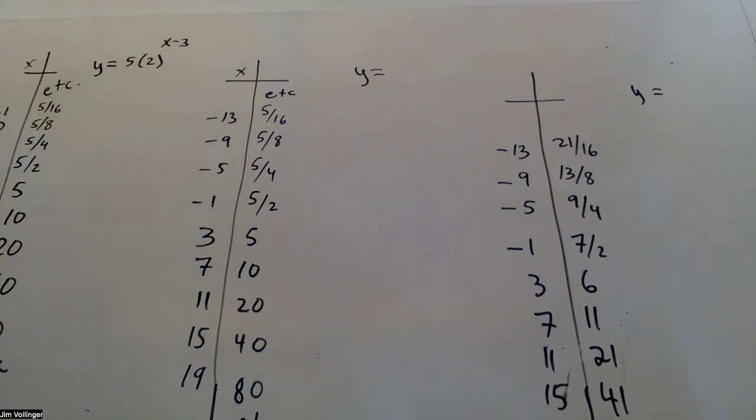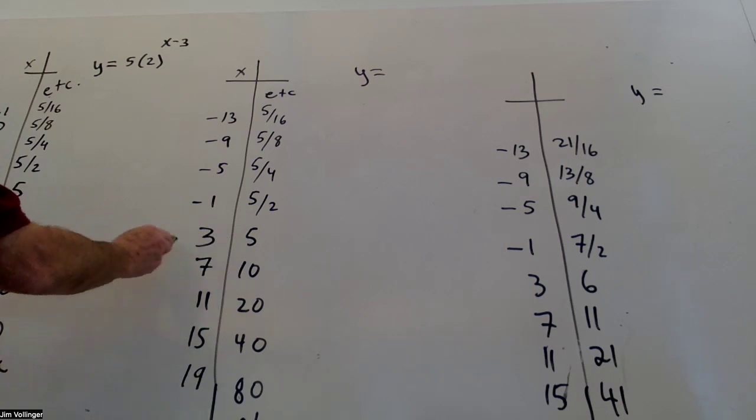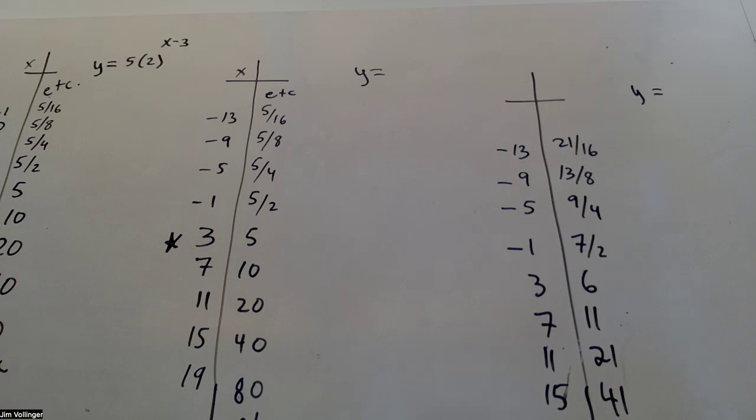Now, a 3 acts like a 0. Well, it still does. Okay, so that's here. So that and that. But instead of going up by 1, looks like I'm going up by 4. Going up by 4.